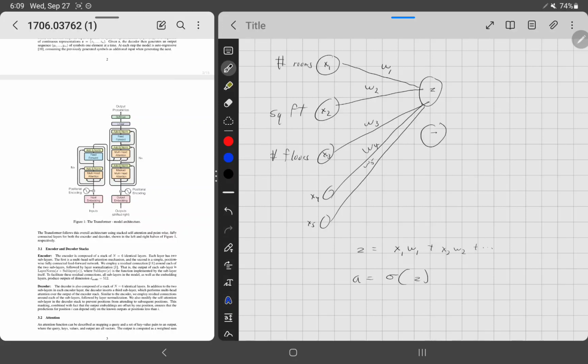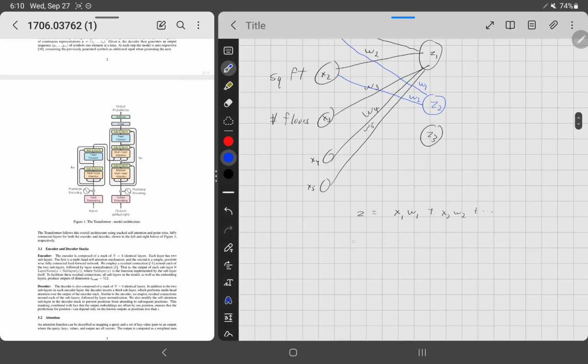So you can think of this second node here. This will be Z1, Z2, Z3. Each of these Z values is another linear combination, using different weights, of all the inputs. You can draw this in blue. So this would be Z2, and Z2 would be W1, W2, and so on.